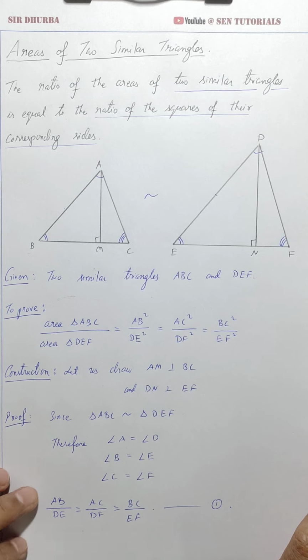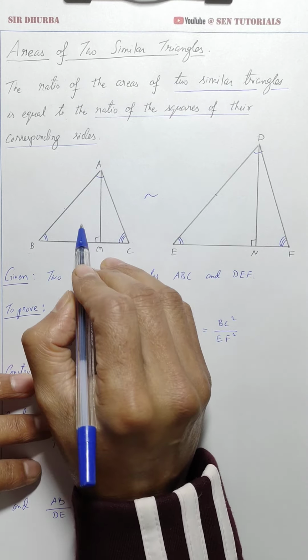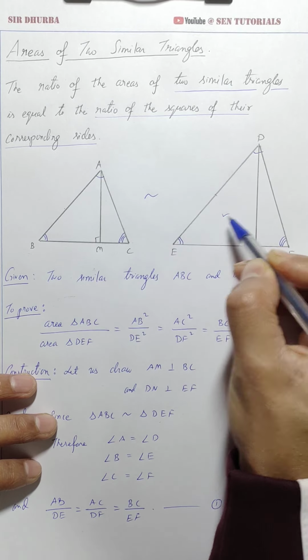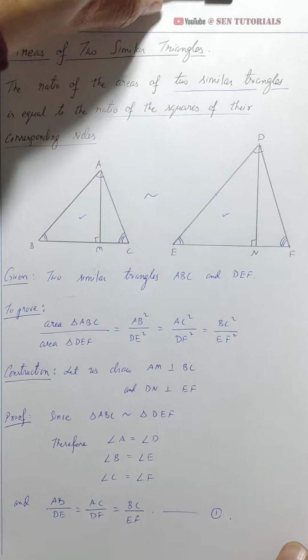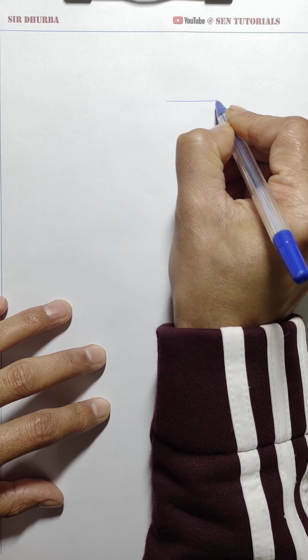Okay, now let's try to get the proof. Now if we consider triangle ABM and triangle DEN, these two triangles, what can we have? Let's have a look. So I'll just draw the required triangles only.